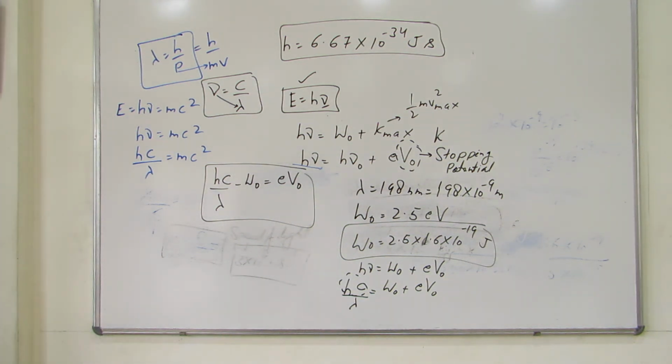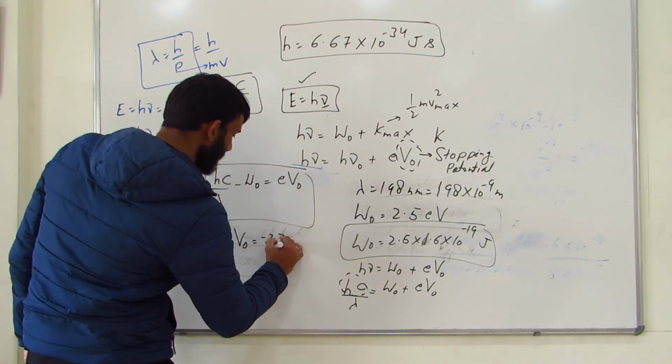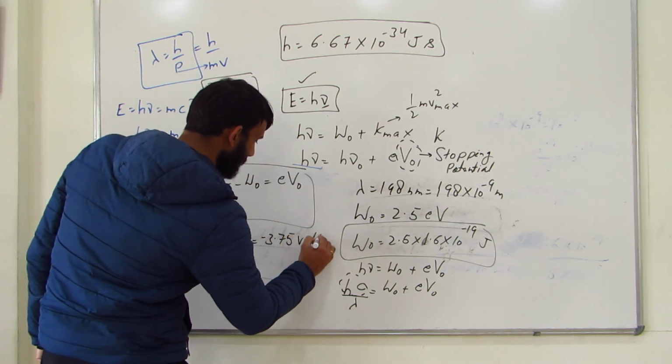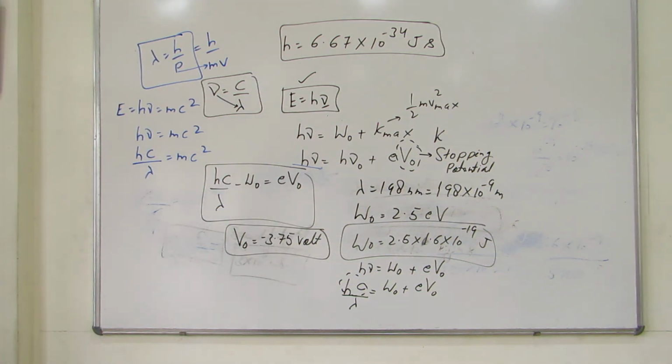And let me just tell you what the stopping potential should come to be. Your stopping potential should come to be approximately minus 3.75 volt. This should be your answer, right? So this is how you have to calculate the stopping potential.